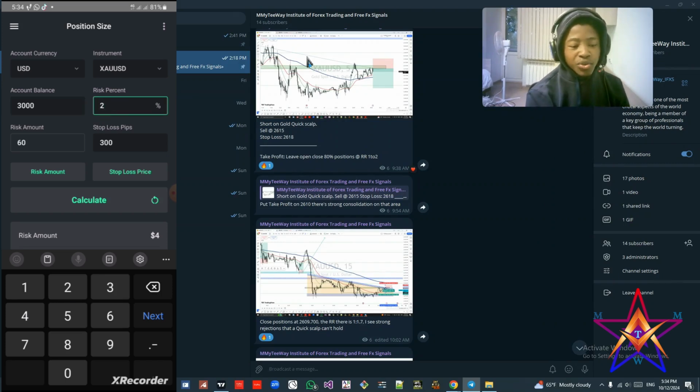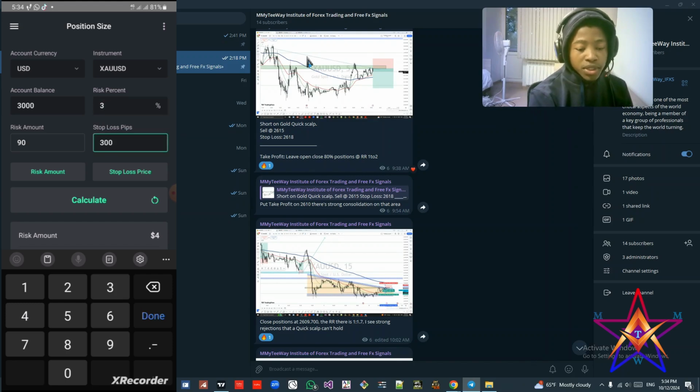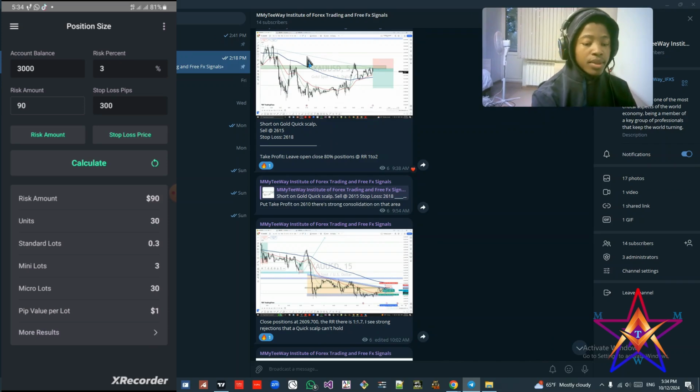Let's say I want to risk 2%, 1%, or 3%. I'm going to be risking 3%. Then I say next, stop loss is the same. We had that trade at 300 pips. So stop loss is the same, and then I'll press done.